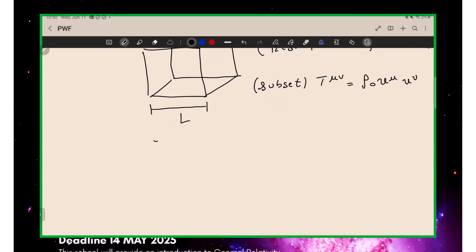So what is rho naught? Well, rho naught is the number density in the dust's rest frame times mass, something like this. So this is the number density not in the fluid's rest frame, but in the dust's frame, right?